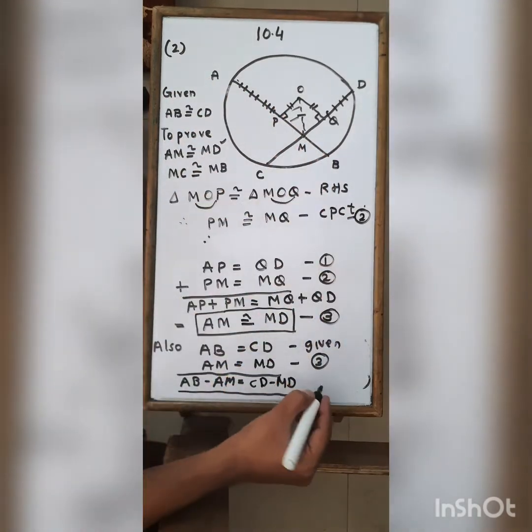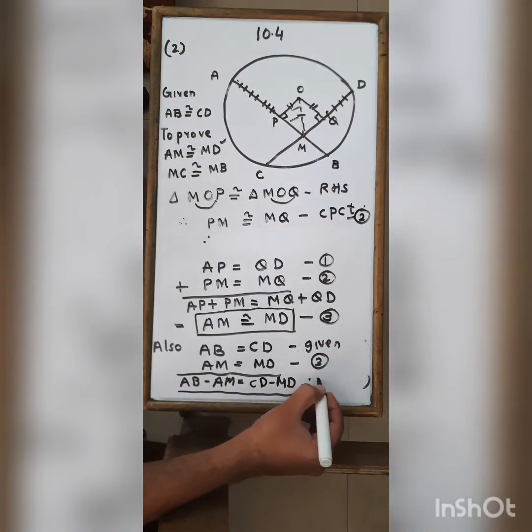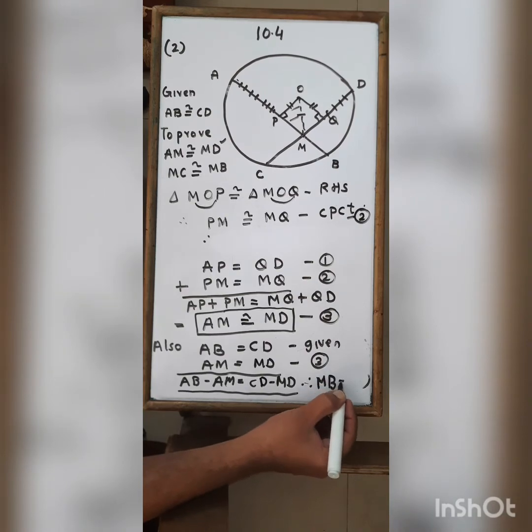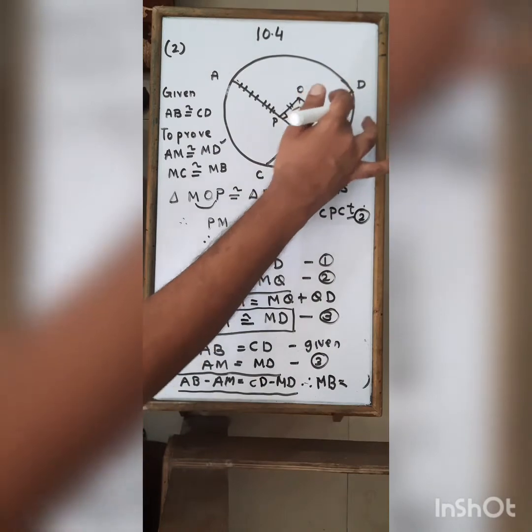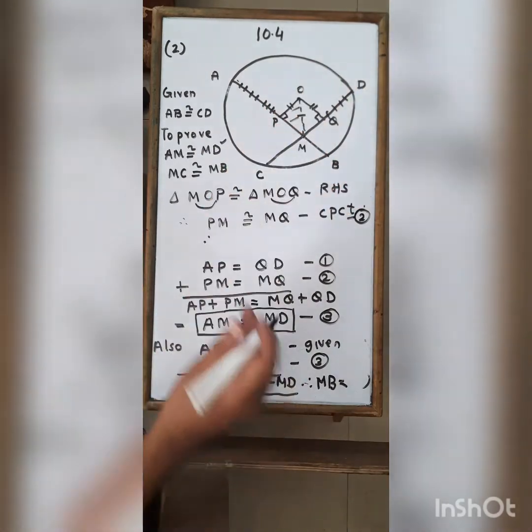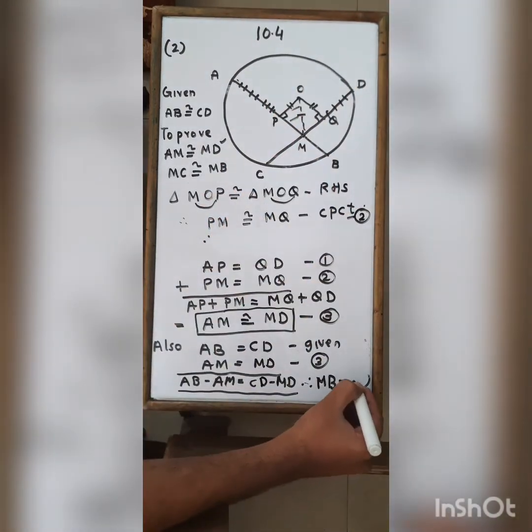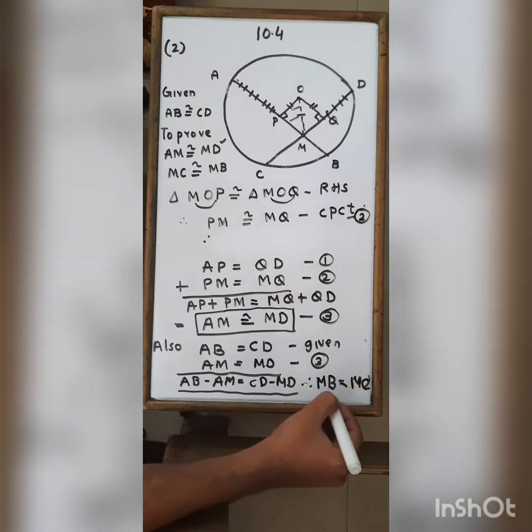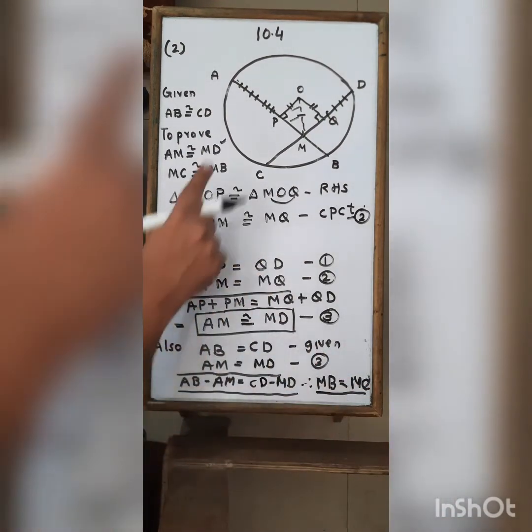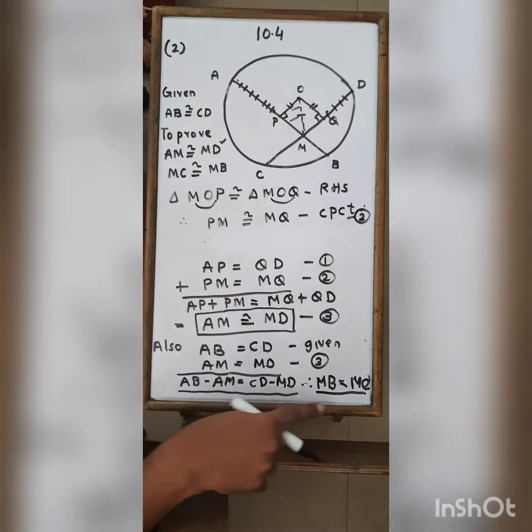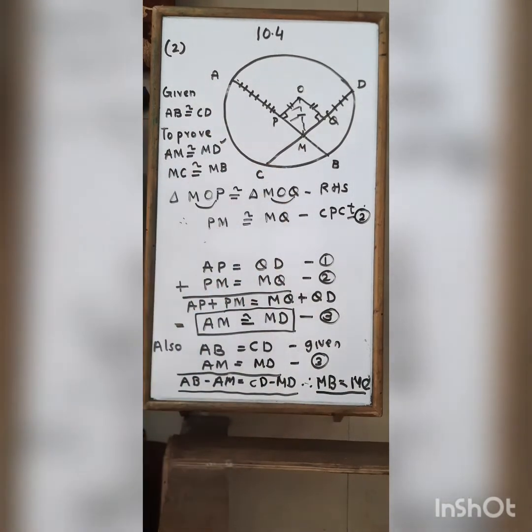It will be MB. So therefore MB is equal to CD minus MD. What is CD minus MD? It is CM or MC. So this is also proved, right? So therefore from this we can prove MB is equal to MC. Copy down.